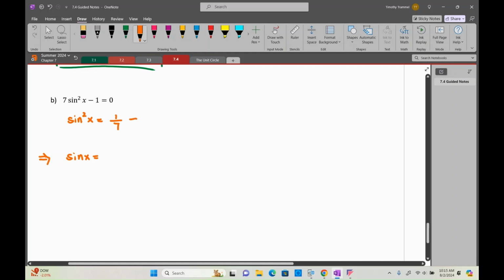Okay. And I think I'm going to add an intermediate step in here. So yeah, this would look like sine of x is equal to plus or minus the square root of 1/7. And if you wanted to, you could rewrite that as plus or minus 1 over the square root of 7, since the square root of 1 is just 1. Okay.